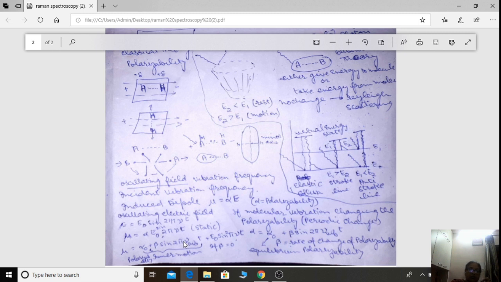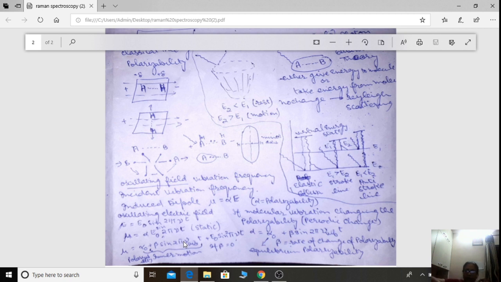When the molecule moves, its vibrational or rotational energy changes. It vibrates, so it changes position, and I have shown it by an arrow. Earlier it is in the direction of the oscillating electric field. When it moves, it changes direction.